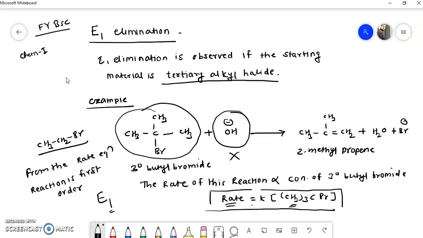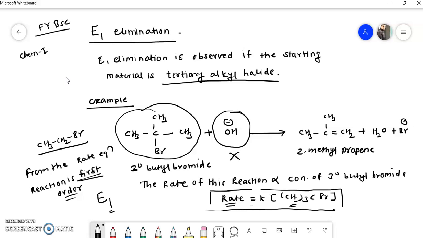If we study this reaction, the rate depends only upon the concentration of the starting material, tertiary butyl bromide, and not upon the base used. That's why the reaction is first order, hence it is called unimolecular elimination, that is E1 reaction.